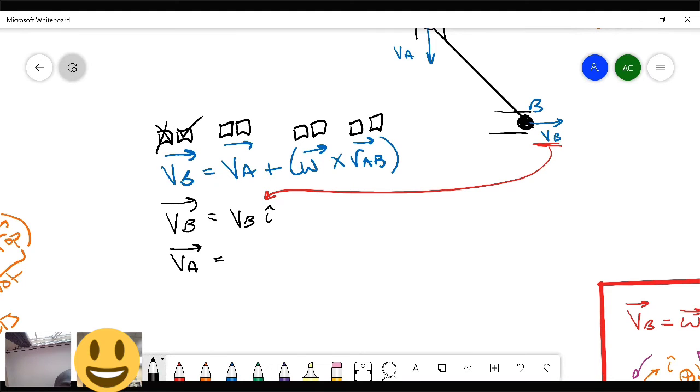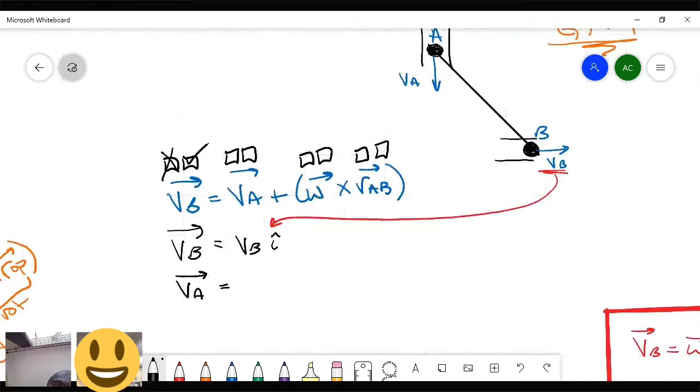So then the next thing is I just go bit by bit. I do VB, then I do VA. Do I know the velocity of A? Do I know the magnitude of A? Yes. What's the magnitude of A? 6 meters. Perfect, it's 6. Do I know the direction? Yes. What's the direction?